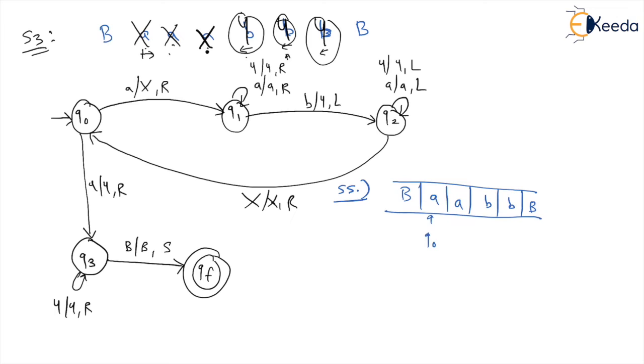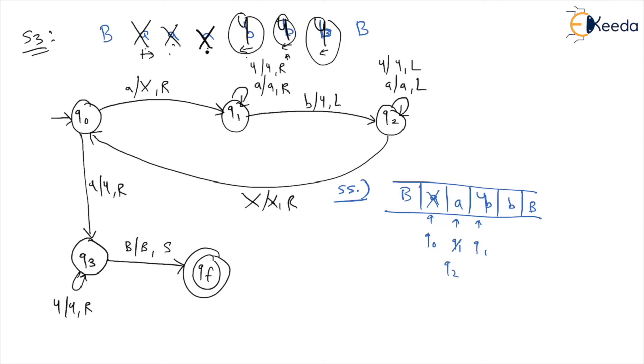So in Q0, when you receive A you are going to make it as X and move to the right and you go to the state Q1. In Q1, when you receive A you are going to keep it as A and move to the right and remain in Q1. In Q1, when you receive a B, you are going to make it as Y, move to the left and go to the state Q2.